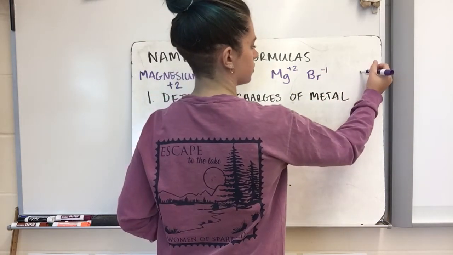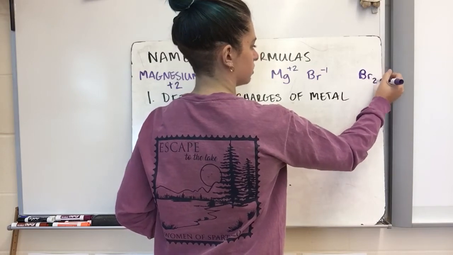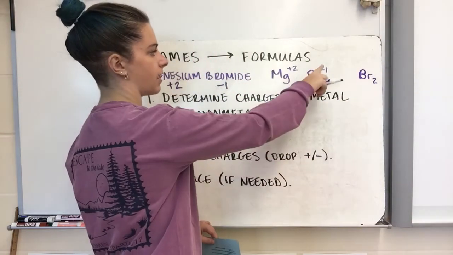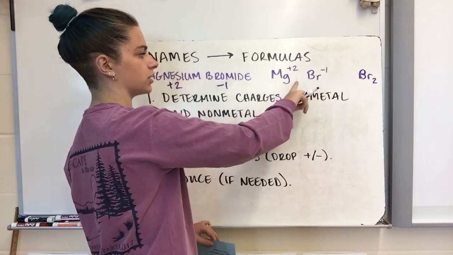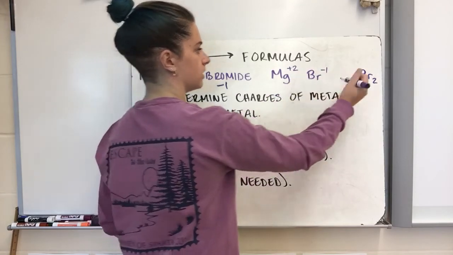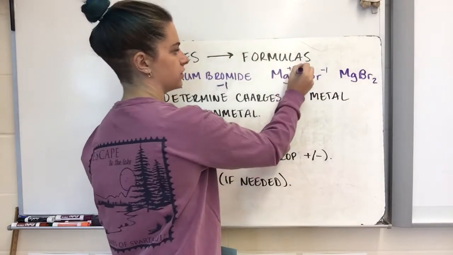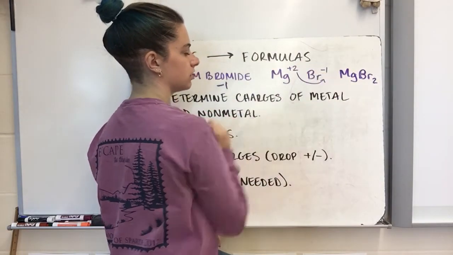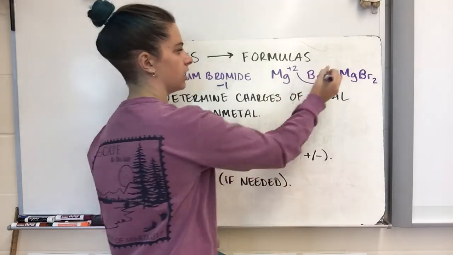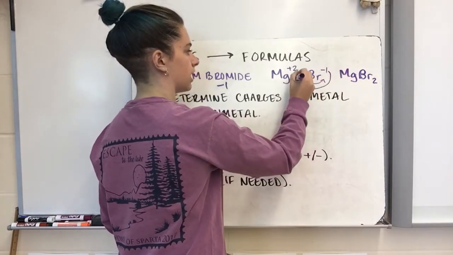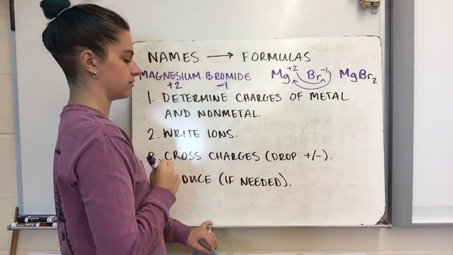So I'm going to turn this into Br2, and then I'm going to take my charge from bromine and turn it into the subscript on magnesium. So it's just going to be Mg, because we don't need the 1. So my 2 came down here to bromine, and my 1 came over here to magnesium.